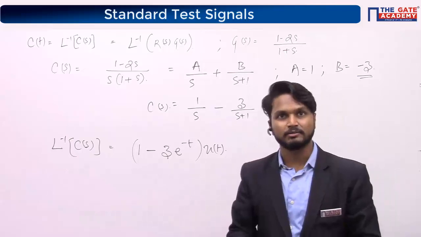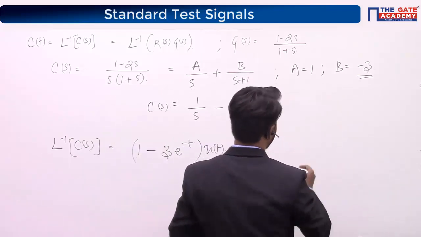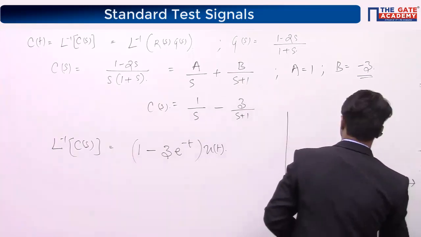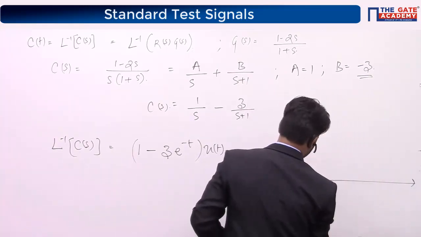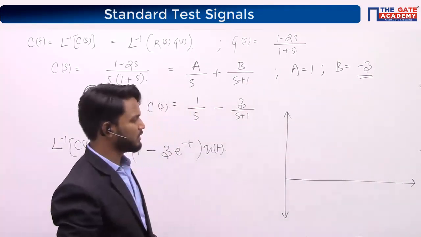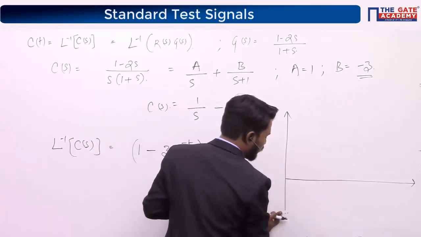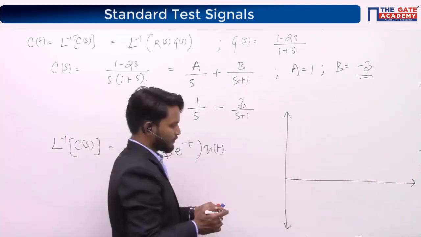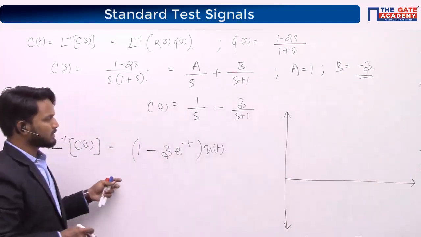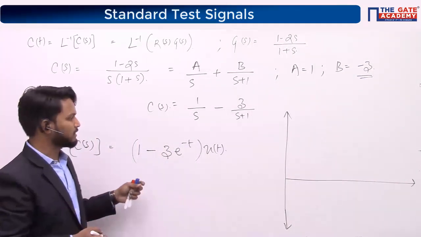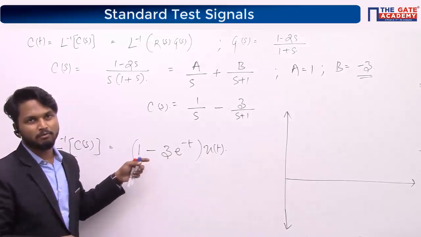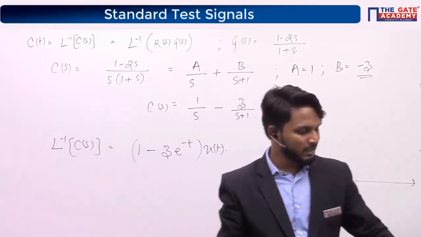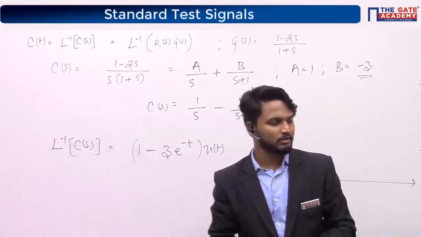You have to sketch it. If at all you don't know how to plot this particular response, just see a simple thing. In all these cases, if you just know one simple thing, it will be very easy for you. That simple thing is, if you just put t is equal to 0, what is the initial value of the response? Tell me, what is the initial value of the response?